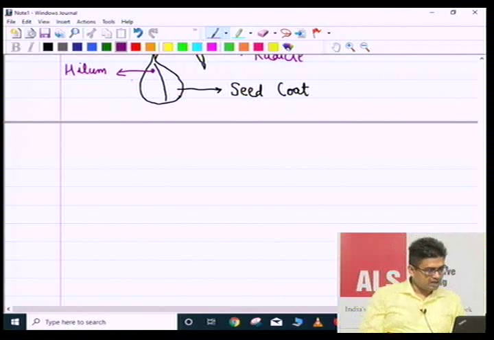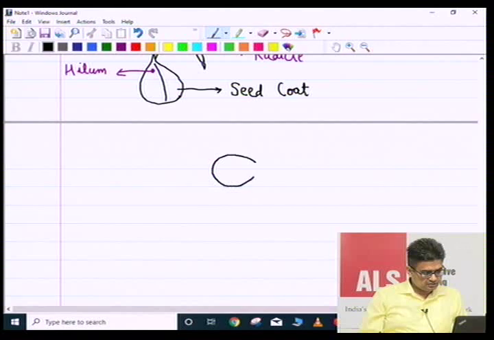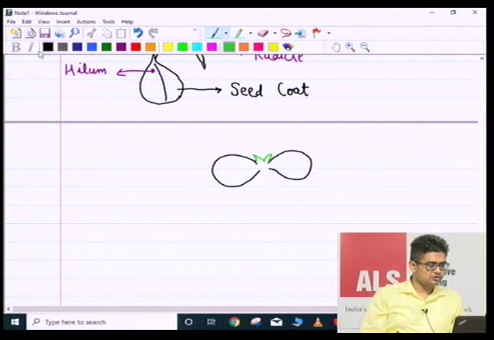So now what will I see? I will see that the two cotyledons are attached together, and here a small, slightly greenish structure called the plumule is present. Below this, the radicle is growing like this.